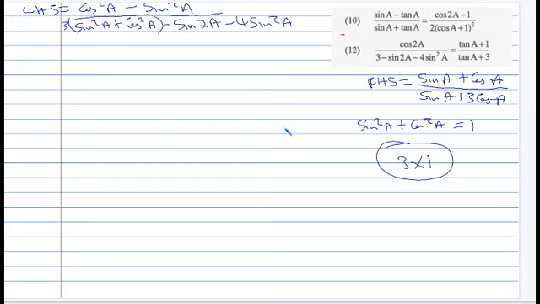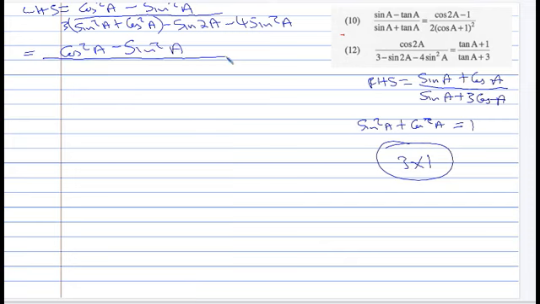Now, I see we are going to get what we want to get there. We're going to get some kind of a quadratic trinomial there. I remember factorizing such in grade 10. So this is cos A squared minus sin A squared.